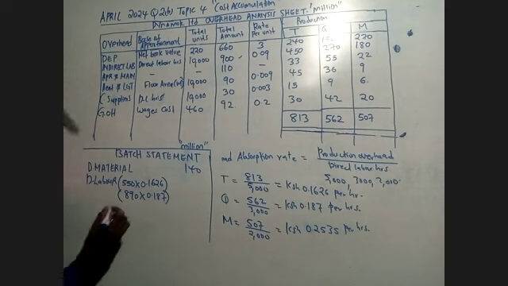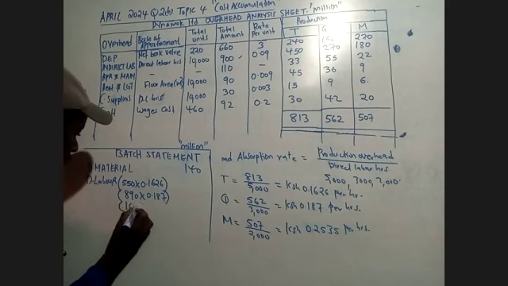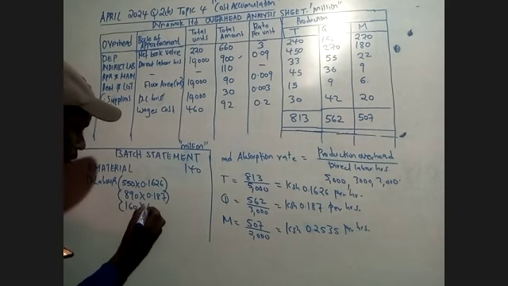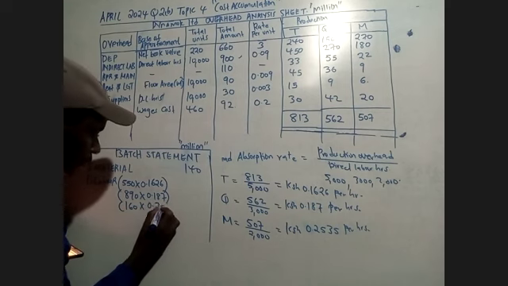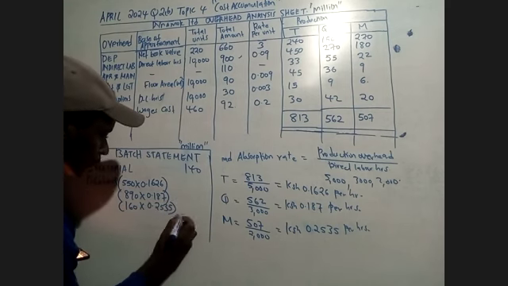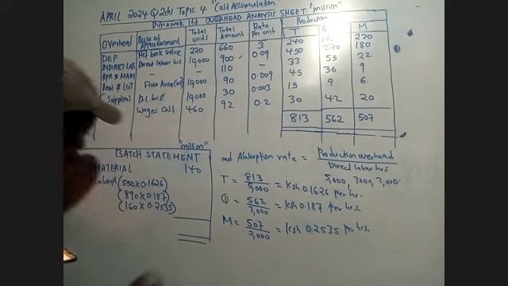Then the last one, 160 times 0.2535. So add them together and you will get the total cost per batch.